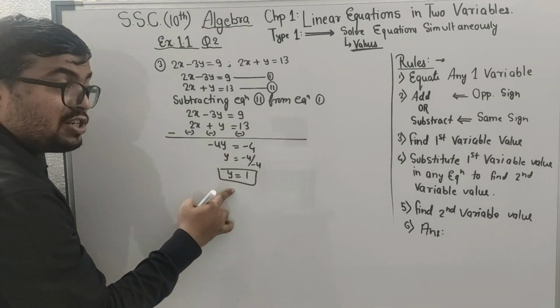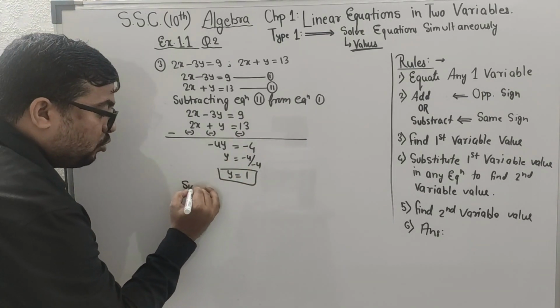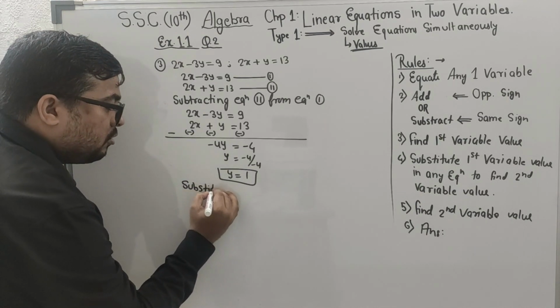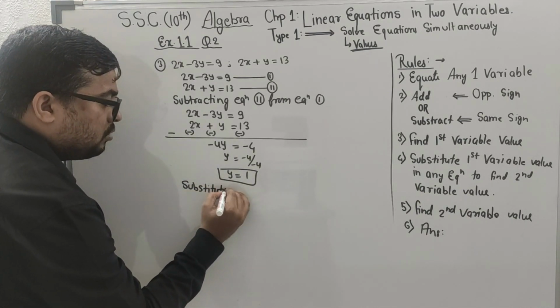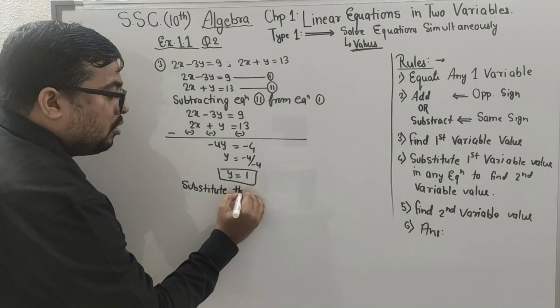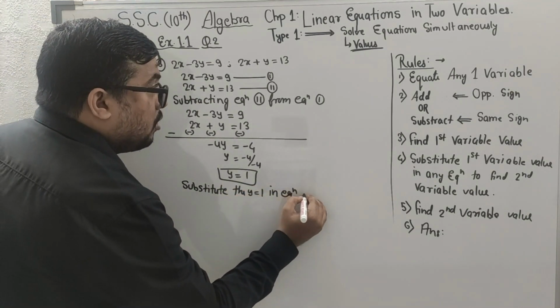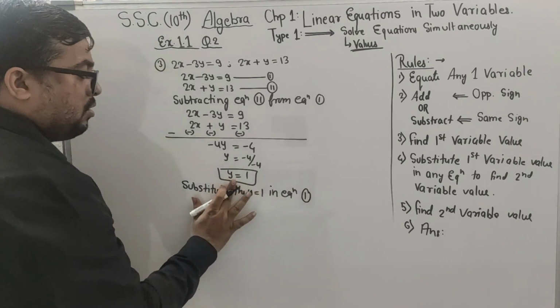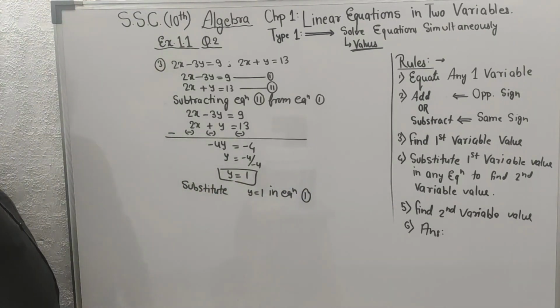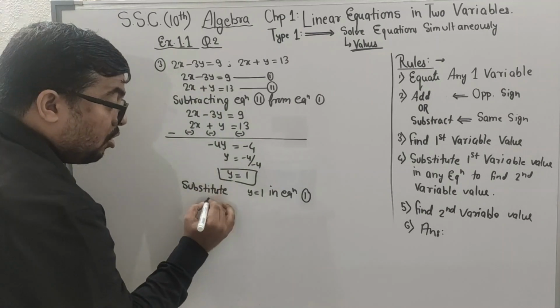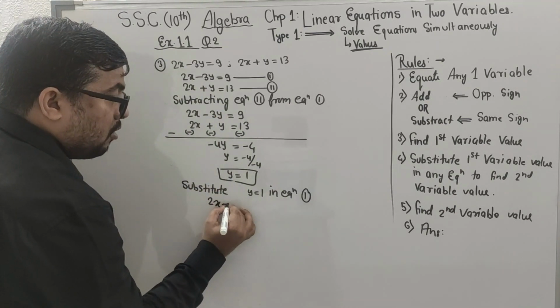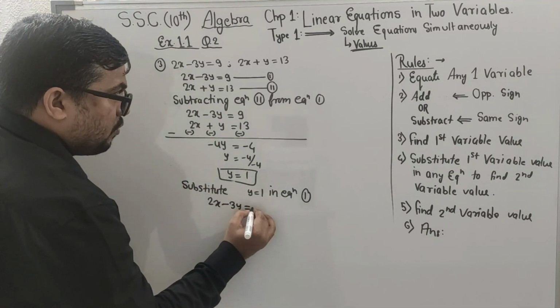Next, you got the first value. Substitute the y is equal to 1 in equation 1. What is equation 1 over here? 2x minus 3y is equal to 9.